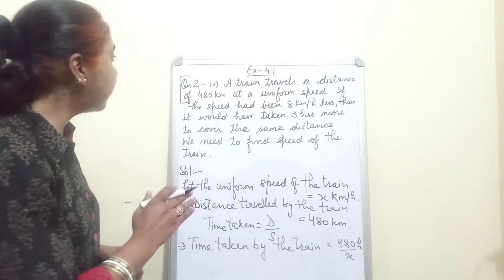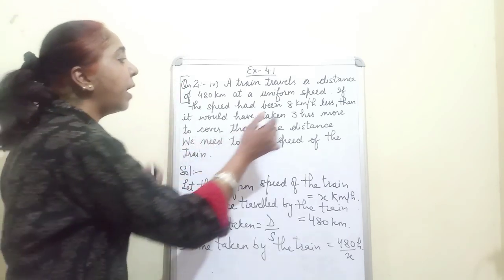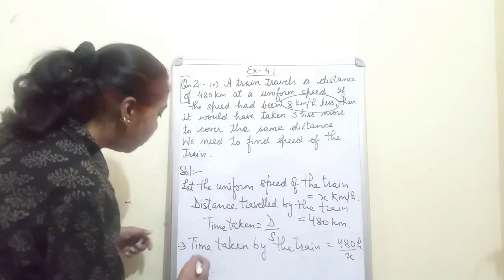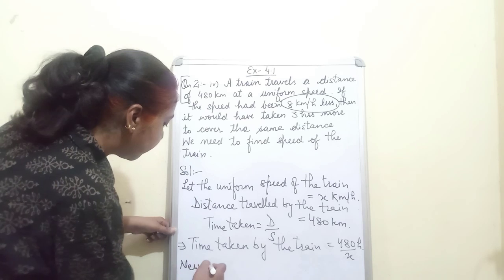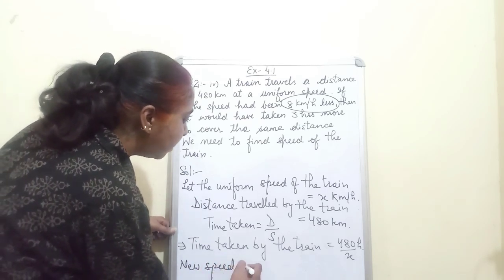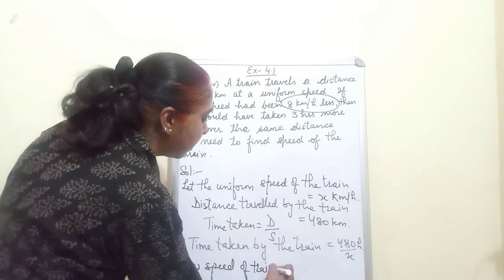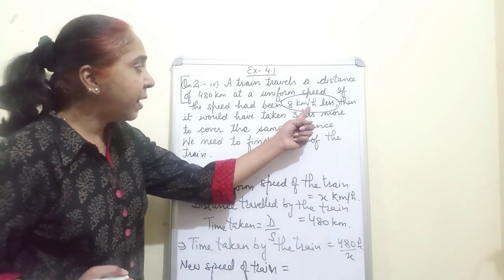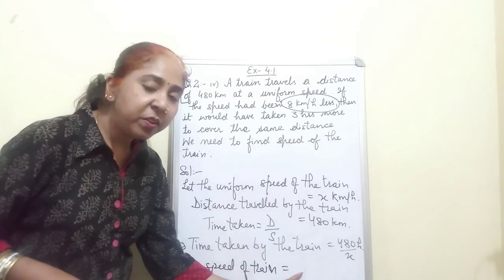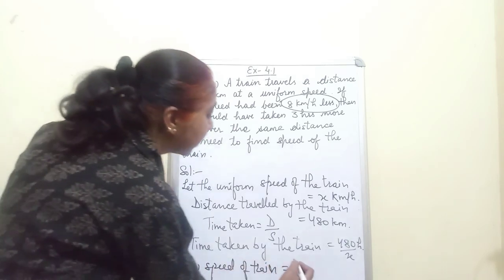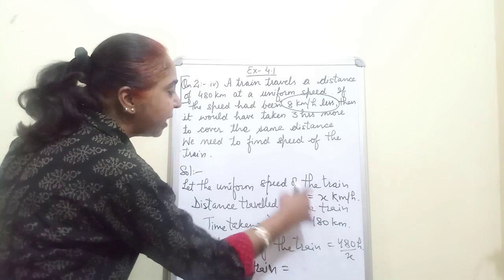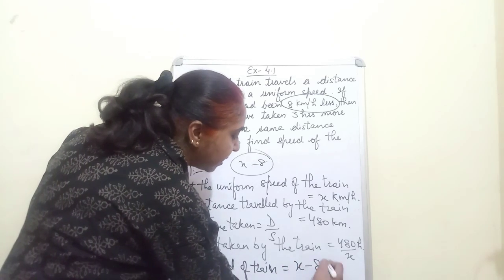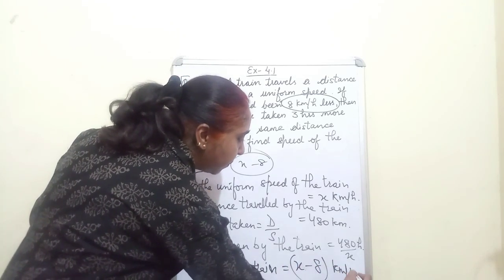But now he has given one more condition in the question, that if the speed is 8 km per hour less. Now the new speed of the train is equal to, first of all it was x, now it is 8 km per hour less. So the speed is x minus 8 km per hour.